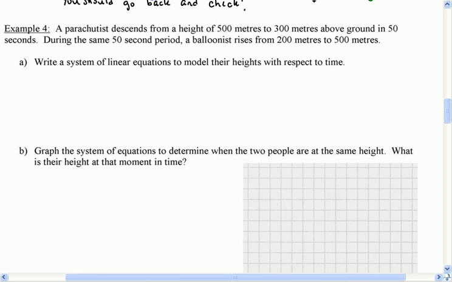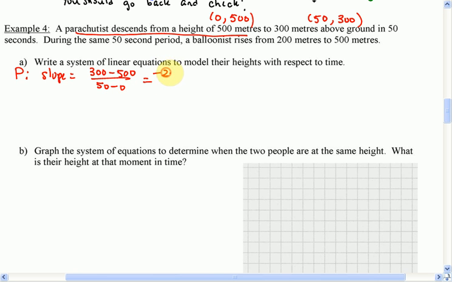Well, if you want to go back to the stuff in chapter 6, if I'm looking at the parachutist, you're descending from a height of 500. So at time t equals 0, you're at 500 meters. And then 50 seconds later, you're at 300 meters. So if I want to do slope and all that kind of stuff, I think you can. So let's call the parachutist P. The slope here would be what? y2 minus y1 over x2 minus x1, negative 200 over 50, or negative 4.